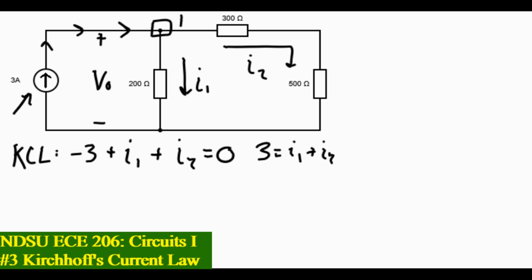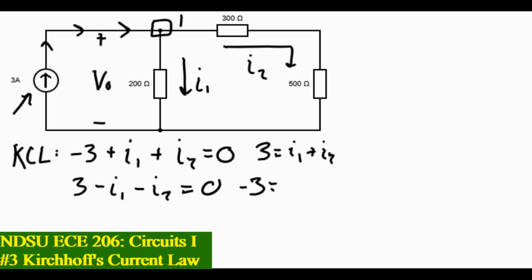Okay, let's sum them flowing inward. Our 3 amps is flowing inward, so let's just leave it. However, I1 and I2 are flowing outward, so that's the same as negative I1 flowing inward and negative I2 flowing inward, equal to 0. If you simplify this, you're going to get the same thing.